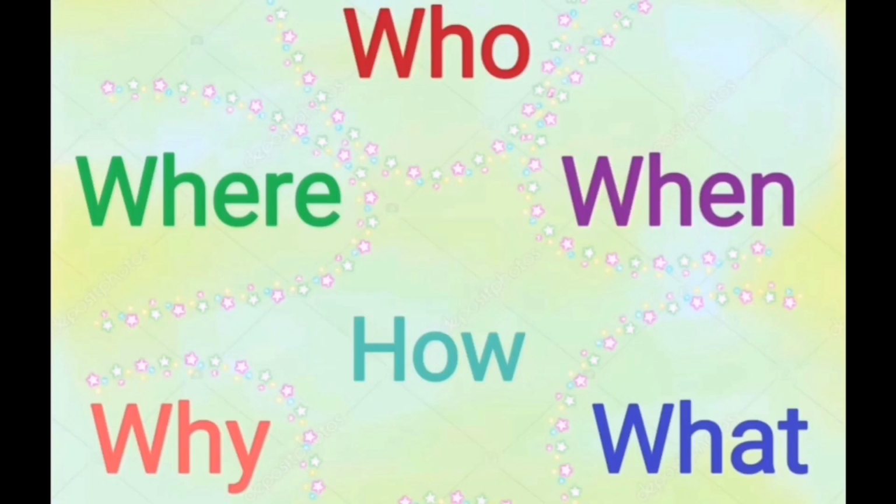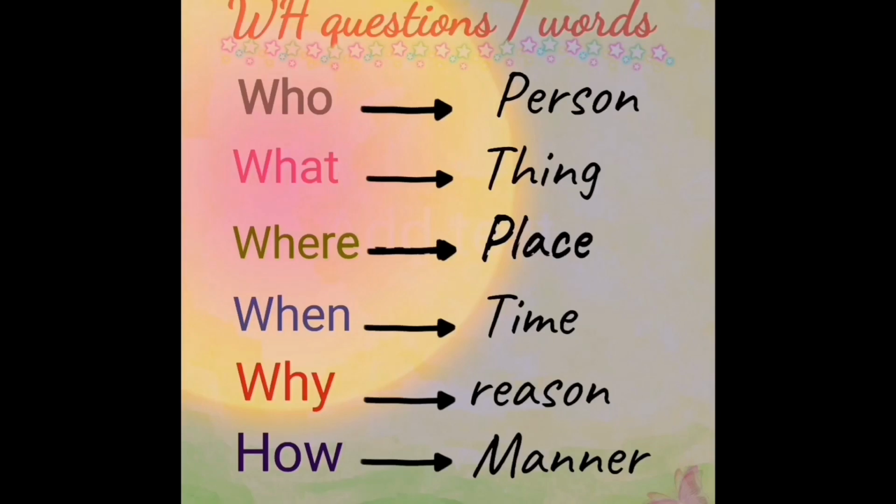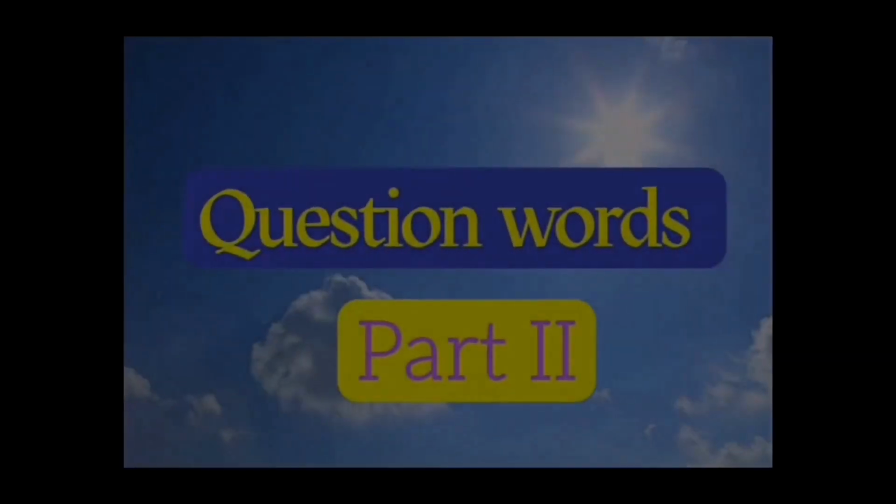So here we have who, where, when, how, why, and what. And we have seen also when to use them and for what. For example, who, we use it for a person, what, for a thing, where, for a place, when, for a time, why, for a reason.